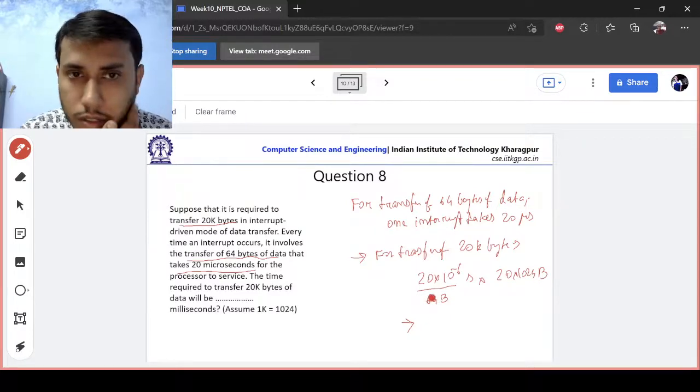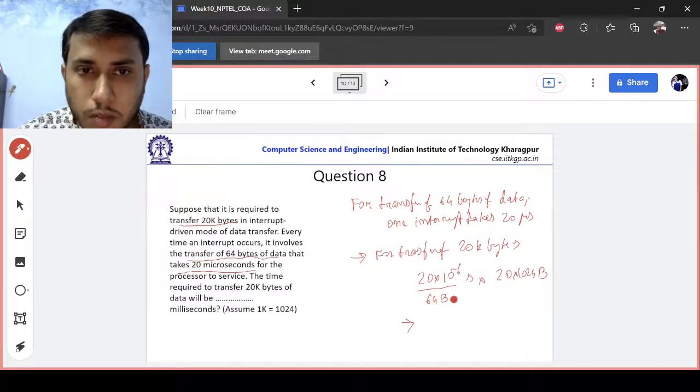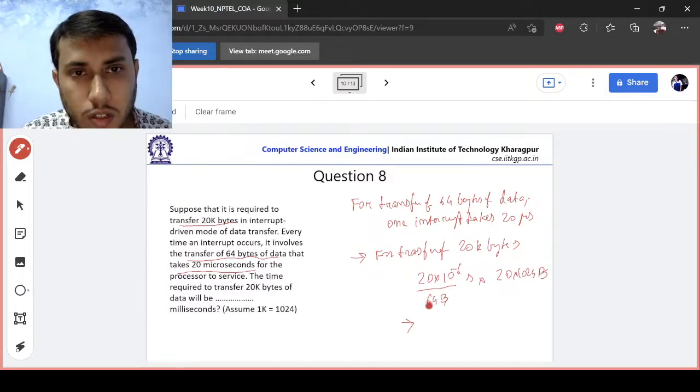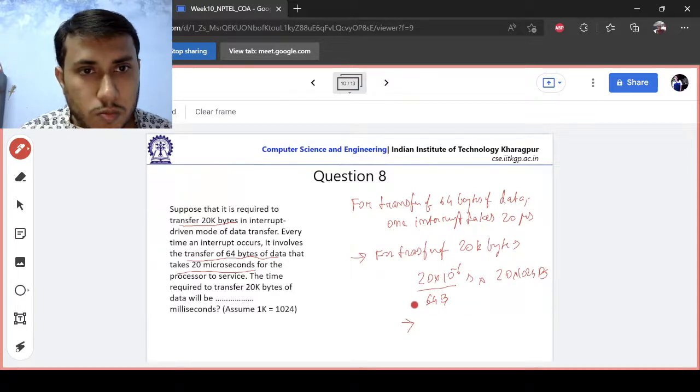So it gives 2 to the power of 6 in the denominator, and 2 to the power of 10 in the numerator, so that is 2 to the power of 12 divided by 2 to the power of 6.